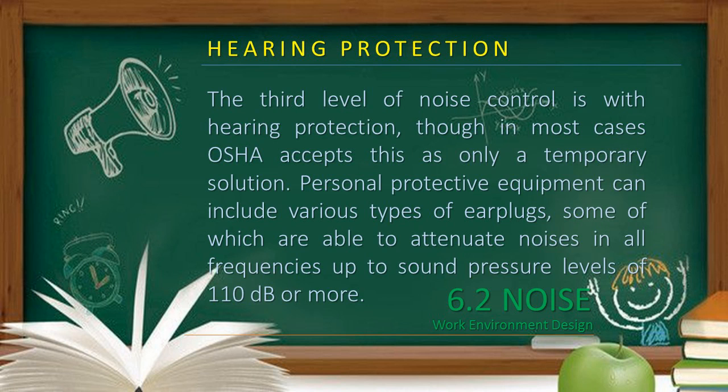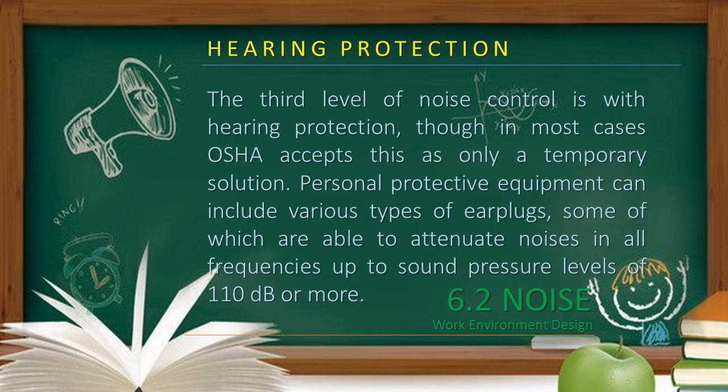The third level of noise control is hearing protection, though in most cases, OSHA accepts this as only a temporary resolution. Personal protective equipment can include various types of earplugs, some of which are able to attenuate noises in all frequencies up to sound pressure levels of 110 decibels or more.